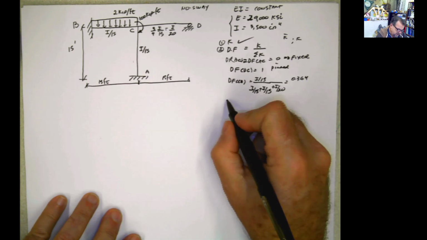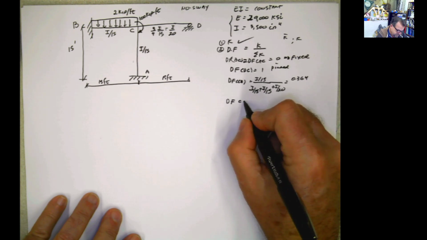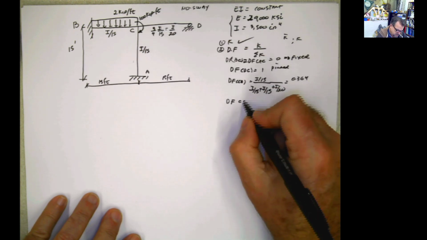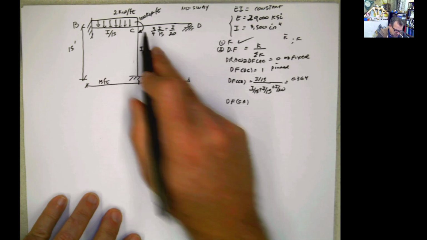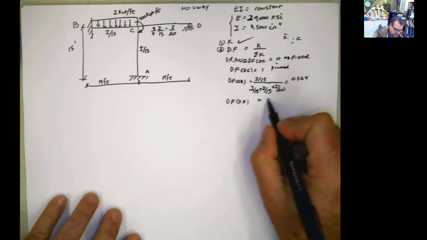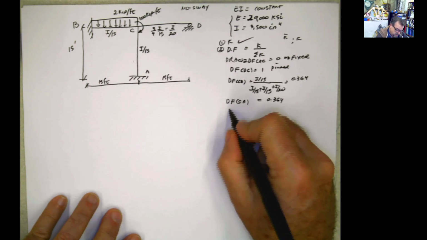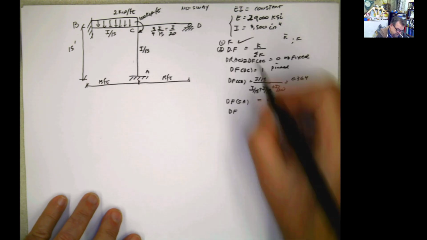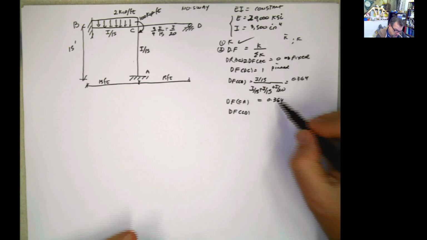That's it. Now the distribution factor CA is I divided by 15 divided by the same summation, so also 0.364.